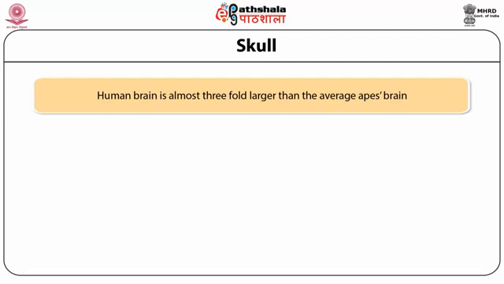The size of the orangutan brain ranges from 365 cc to 425 cc, that of the chimpanzee between 400 cc and 500 cc, and that of the gorilla between 400 cc and 500 cc. Thus, in humans, the brain size is almost 3-4 times larger than the average ape's brain size. To accommodate this large brain size, the human cranium becomes larger and more protruding.